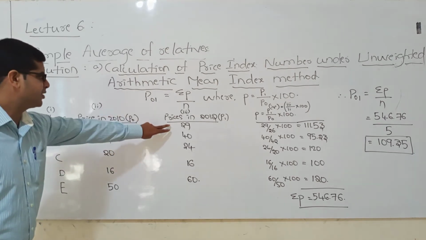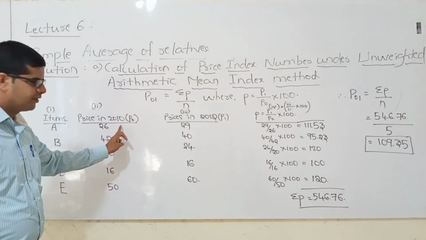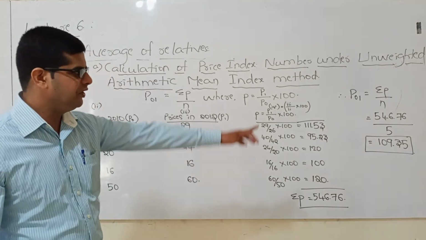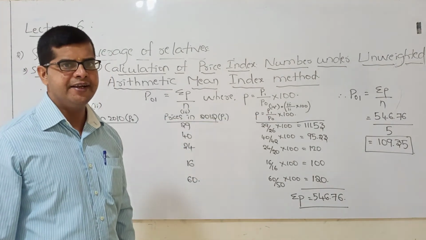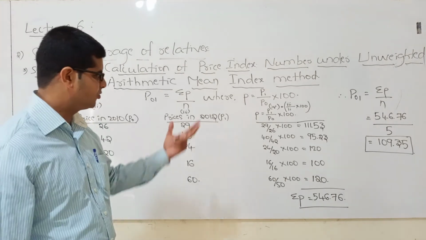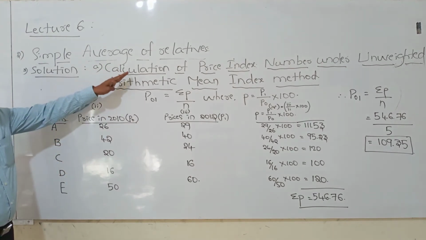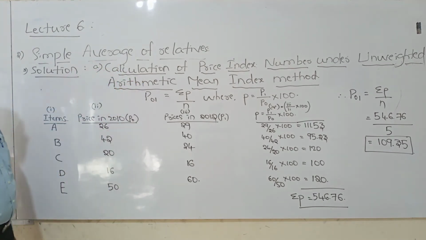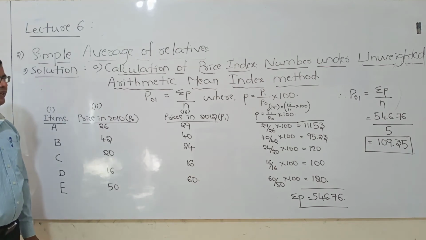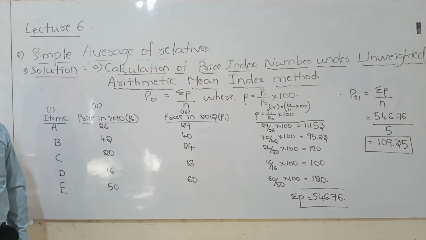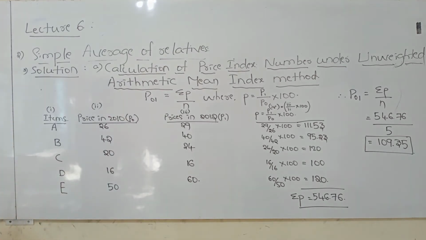Okay, so that's what we need: two data, base year prices and current year prices. So in that case only we can think of constructing index numbers. Take a minute to go through all the aspects, starting from column number 1, or from the heading solution: calculation of price index number under unweighted arithmetic mean index method, where we have the formula P01 is equal to summation P divided by N, where P is equal to P1 divided by P0 into 100.